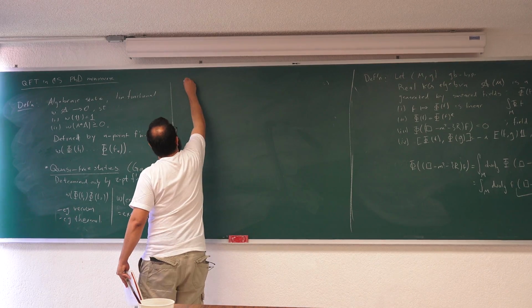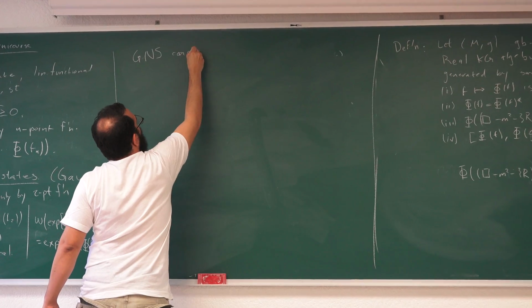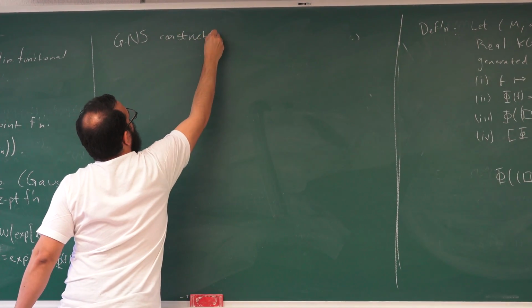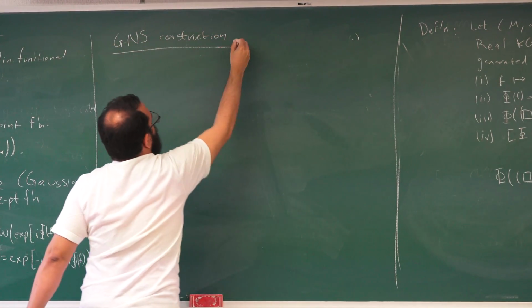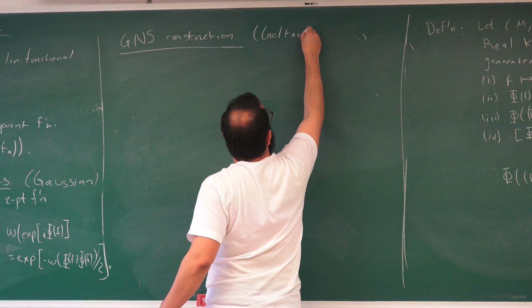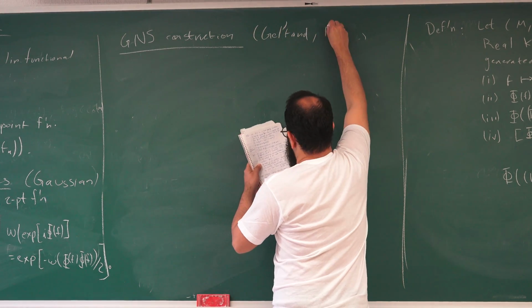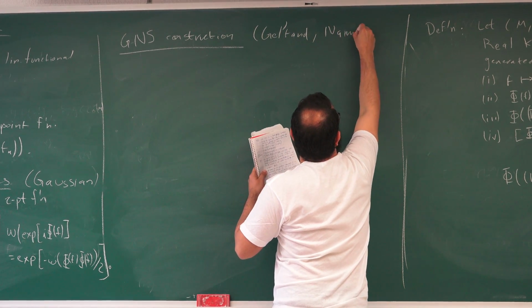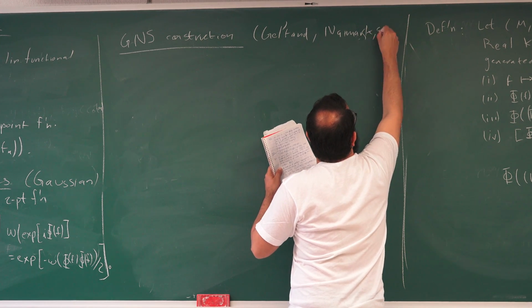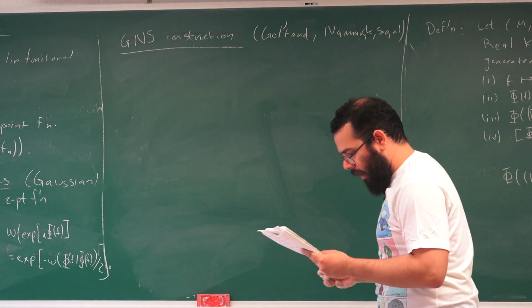So to get back to the Hilbert space, what you do is you do something called the GNS construction. And this construction is named after Gelfand, Naimark, and Segal. These are the guys that came up with this construction, okay?